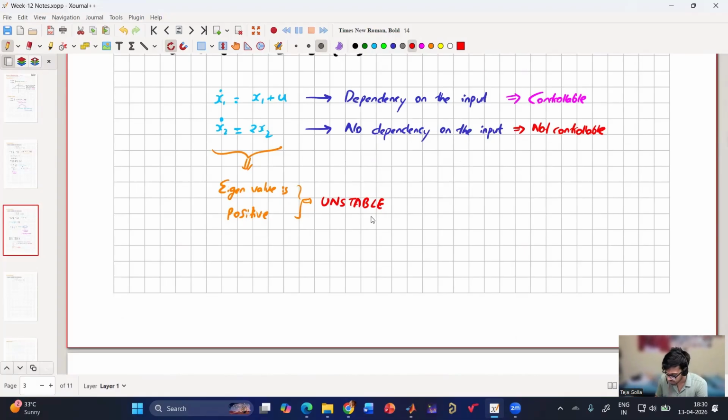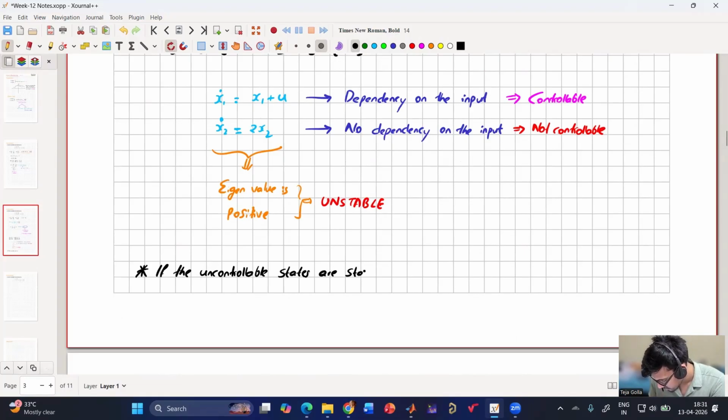So we have to check if the uncontrollable states are unstable, the system may become unstable because we are not able to control them and they're increasing, right?